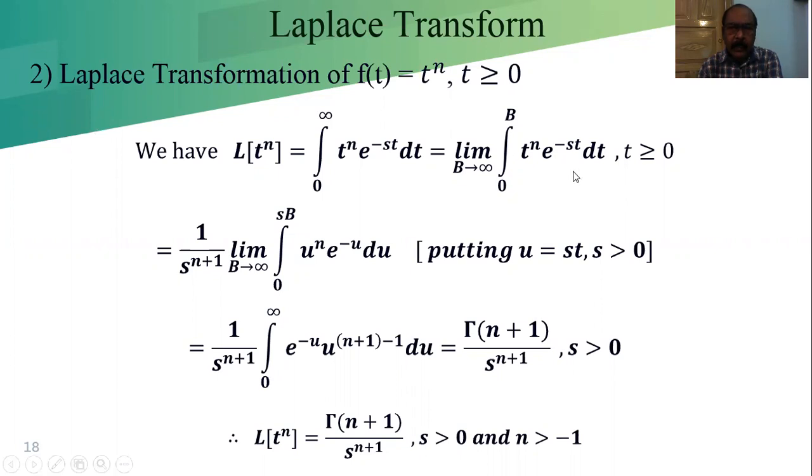Now we can substitute st equal to u. Therefore, we will get du equal to s dt.